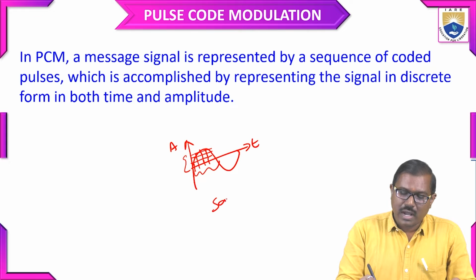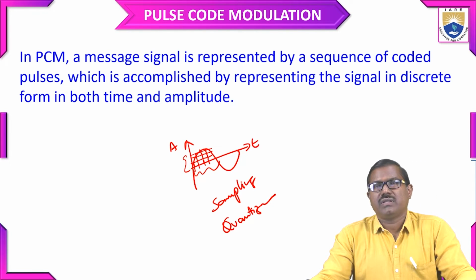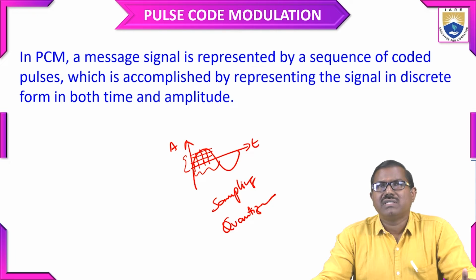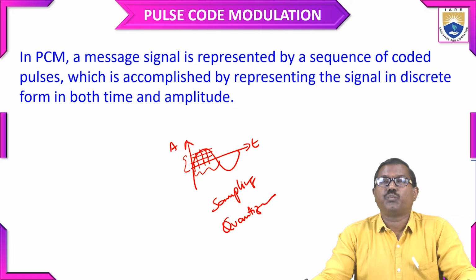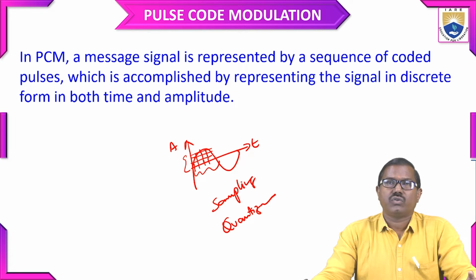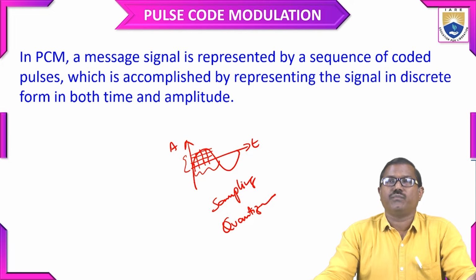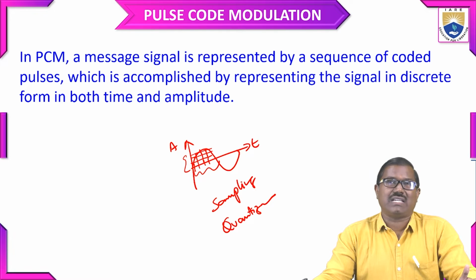So here I require two operations: sampling and quantizing. By applying these two operations, I convert an analog signal into discrete form. So now the signal is in pure discrete form. Whenever the signal is in pure discrete form, we encode the discrete signal. Then it is converted from analog to digital form.